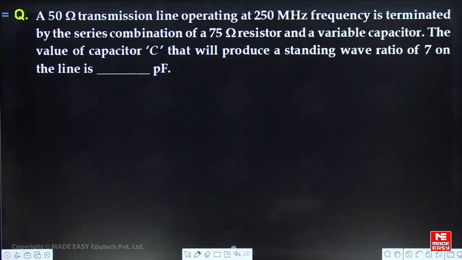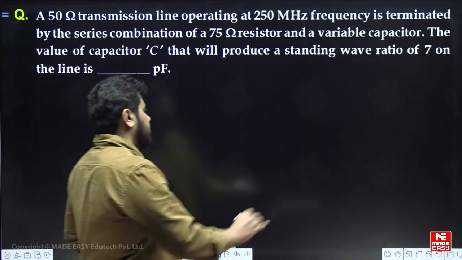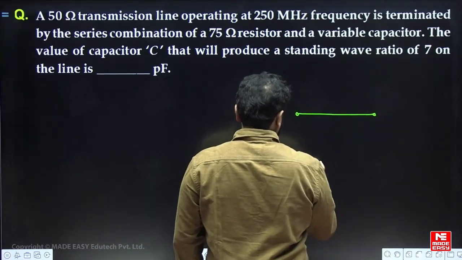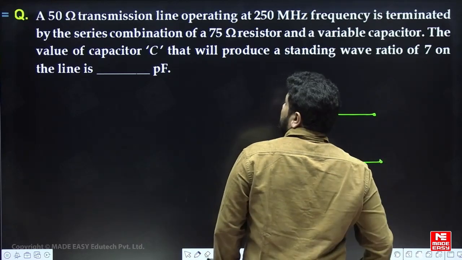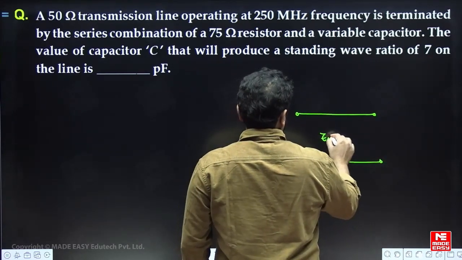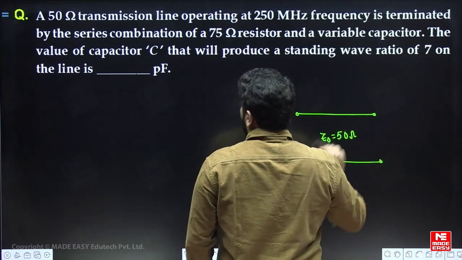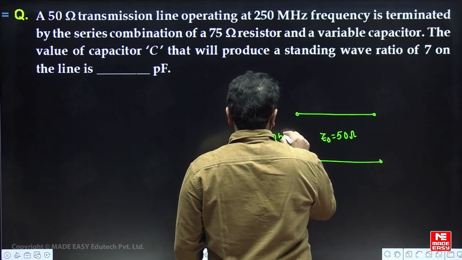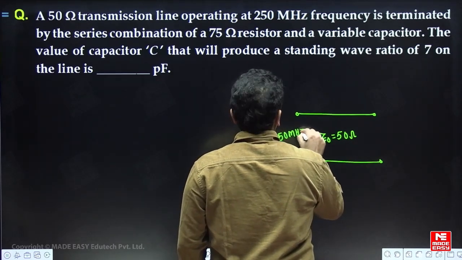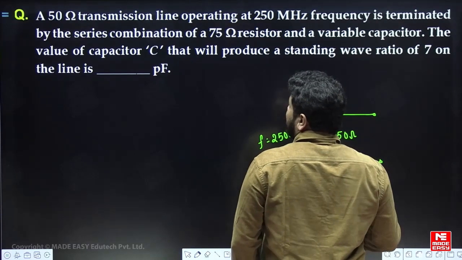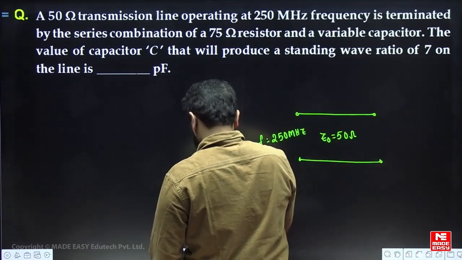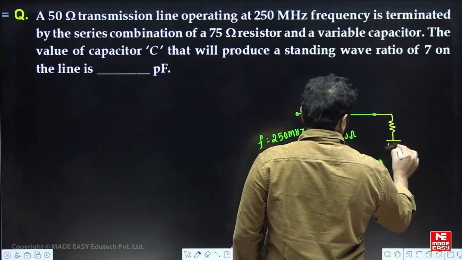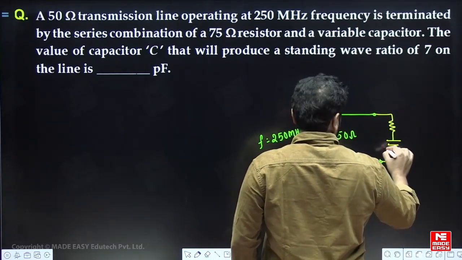So let us see how to solve this question. See what the question is saying, that we have a transmission line. Let us say this is the transmission line. Characteristic impedance is how much? It is 50 ohm. Operating frequency is how much? 250 megahertz. It is terminated by the series combination of a resistor and a capacitor, and this capacitor is variable.